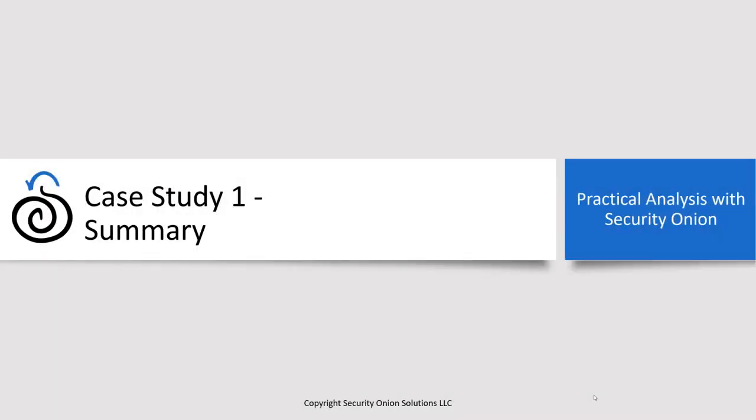So, to summarize, what have we done today? Starting with the alerts raised by Suricata about a potential web shell, we were able to hunt that down using the hunt interface and our PCAPs to determine what the web shell was, where it had come from, what compromised user account was used to put it on our web server, what commands were run by the web shell, and what other damage might have been done.